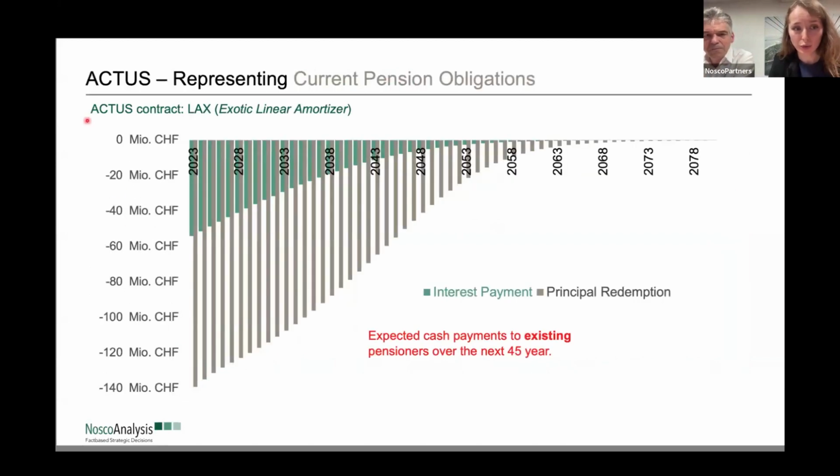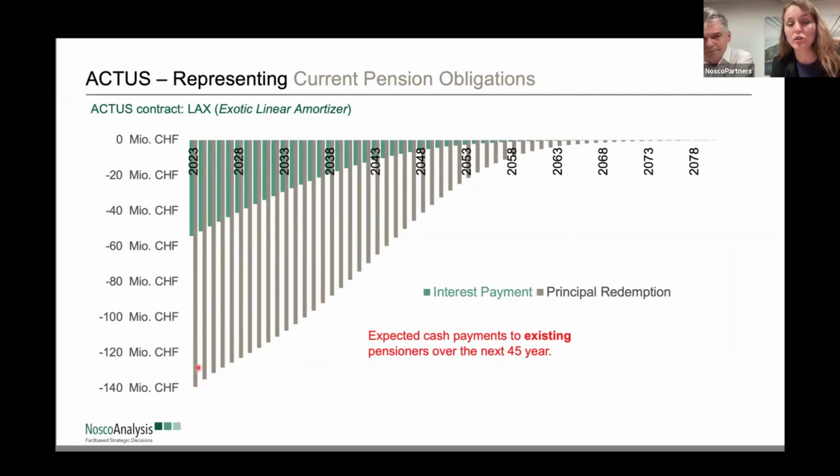Let's now go to the side that is unique to a pension fund, and I will show you how we represent, for example, the current pension obligations. So we make use of the exotic linear amortizer contract that helps us to exactly build up and display all the future cash flows. It's important to say this information is already there.